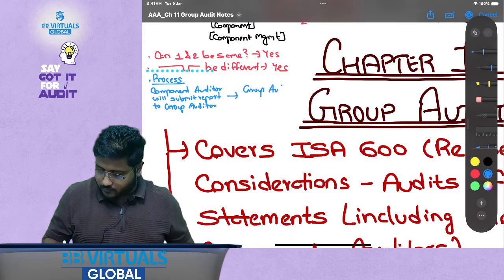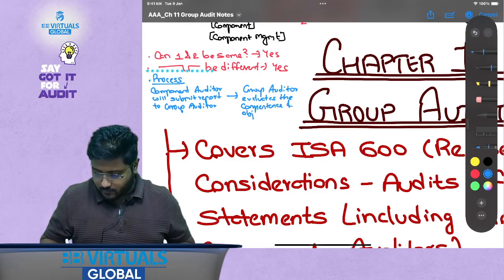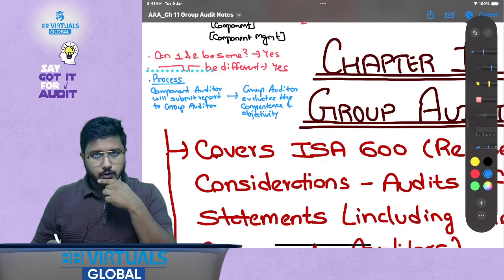The group auditor, I'm just writing the rough process, evaluates the competence and objectivity of the component auditor, right?